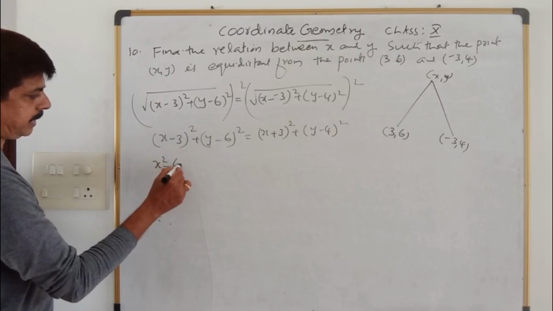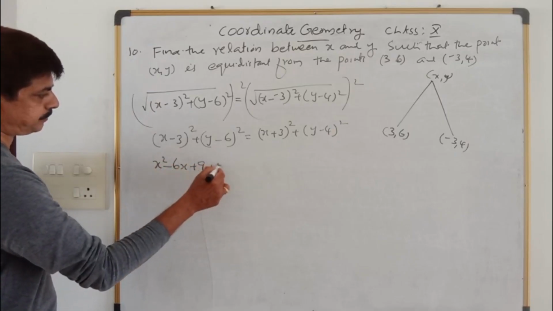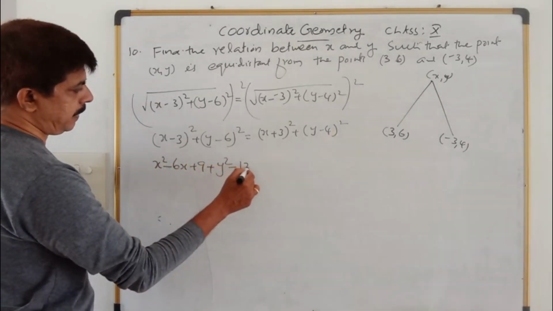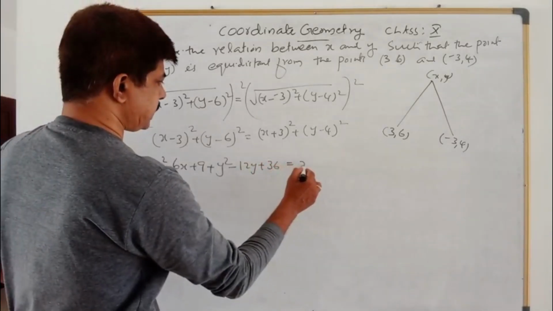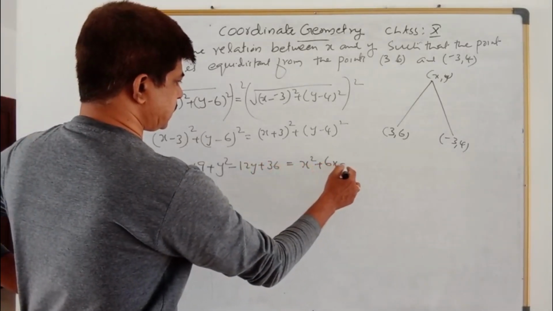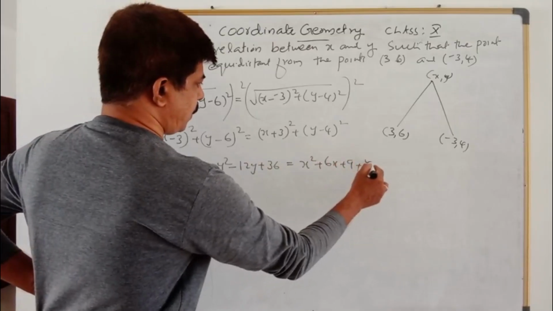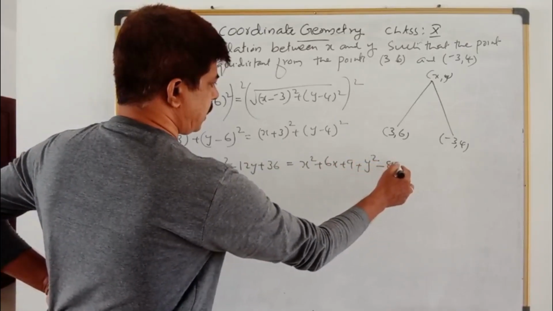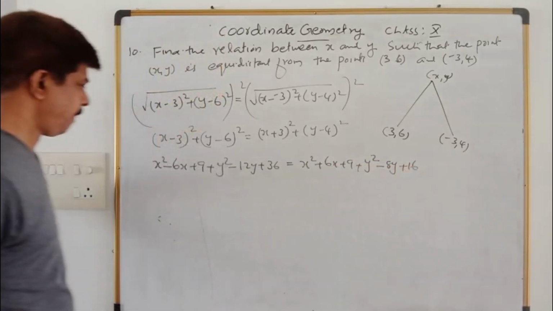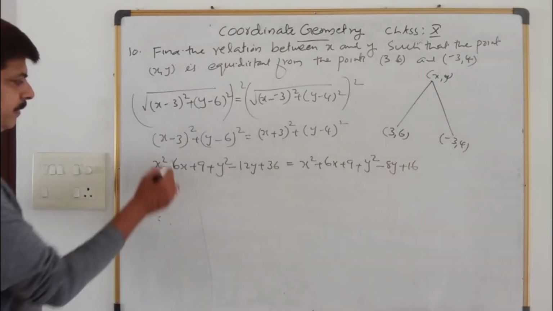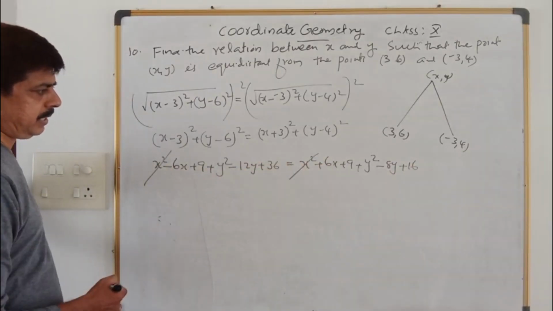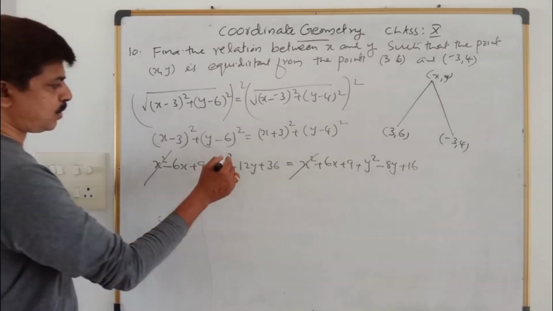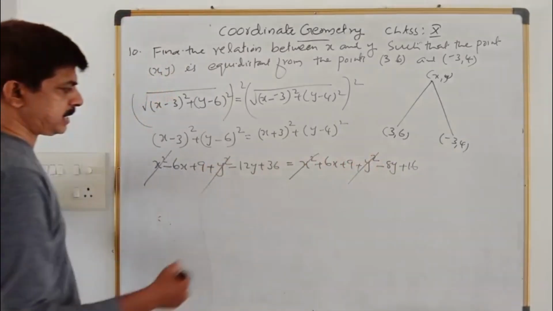x square minus 6x plus 9, a minus b whole square, minus 12y plus 36. Right side, x square plus 6x plus 9, and when we open this, y square minus 8y plus 16. Anyway, this x square will be eliminated, and y square also will be eliminated when we change sides.